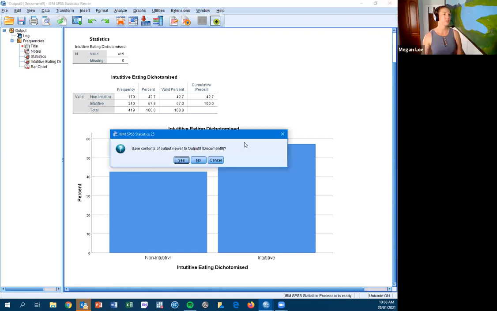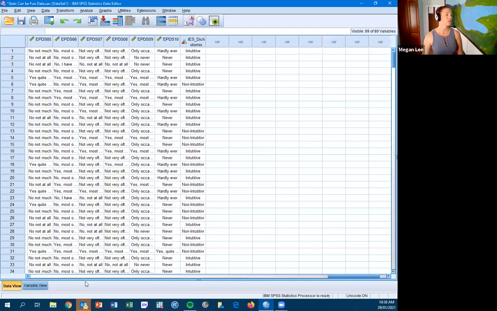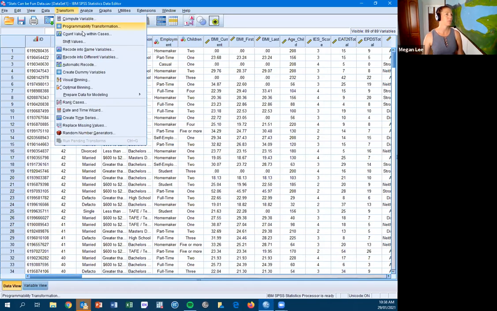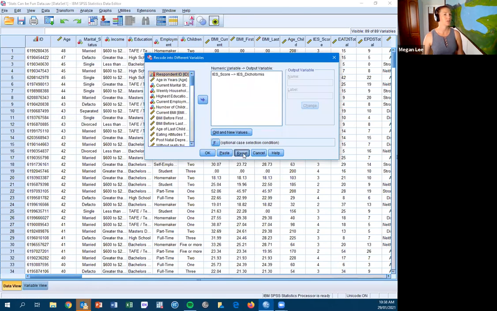So let's go have a look at the depression variable, because it's on a continuum. It's a bit hard to understand. Let's go and transform it. Put depression in, we'll rename it.